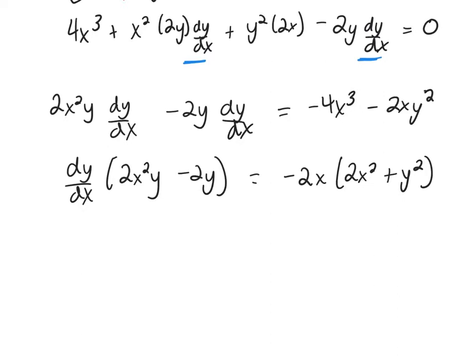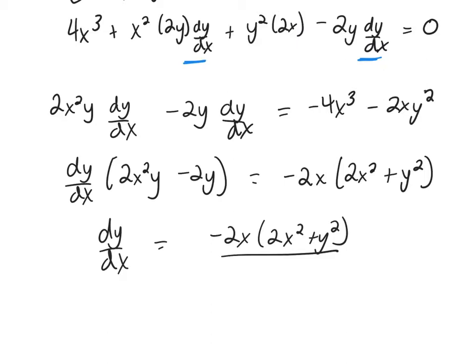And then divide here to solve for dy/dx. It'll be negative 2x times (x squared plus y squared) over, let's see, what can I factor? They both have a 2 and a y in them. So I'll be left with x squared minus 1. And then these 2's here will cancel.